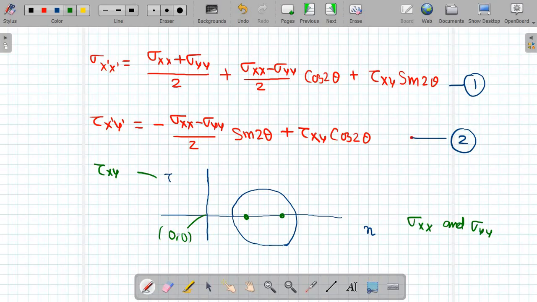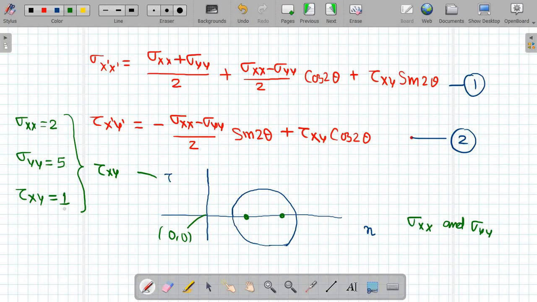Based on this, I am just putting 2 points, sigma x and sigma y. Let us say sigma x is equal to 2 MPa, sigma y is equal to 5 MPa and shear xy is equal to 1 MPa. So plus 2 means it is a compressive stress in the x direction, plus 5 is a compressive stress in the y direction.